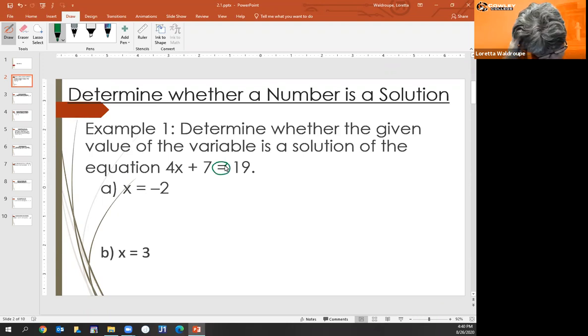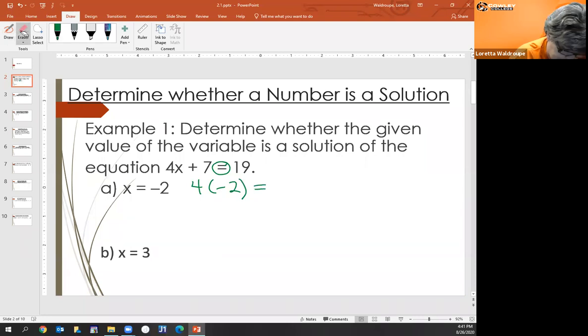To determine if -2 is a solution, we put -2 in place of the x. If my technology will cooperate with me.